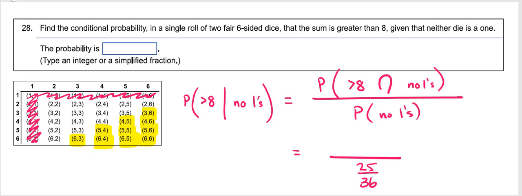Alright, how many are highlighted there? 2, 3, 4, 5, 6, 7, 8, 9, 10. There's 10 out of the 36 that have a sum greater than 8 and no 1s. Okay, so this simplifies to 10 over 25, which simplifies to 2/5.